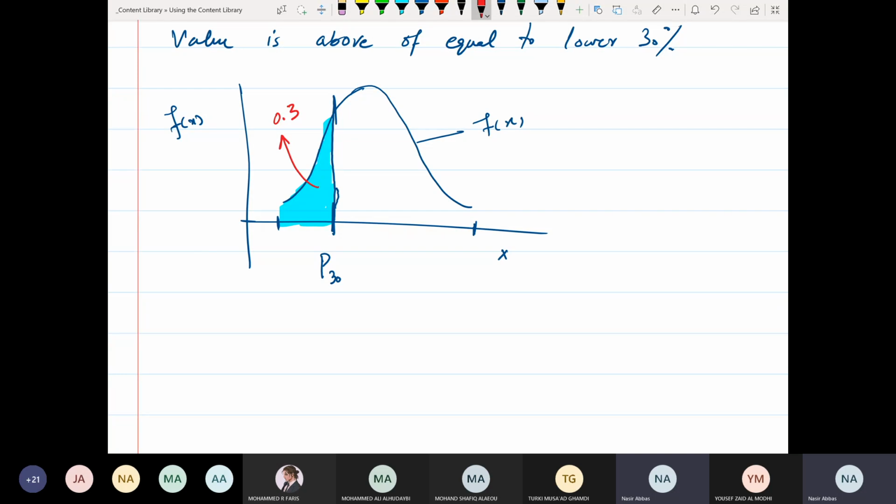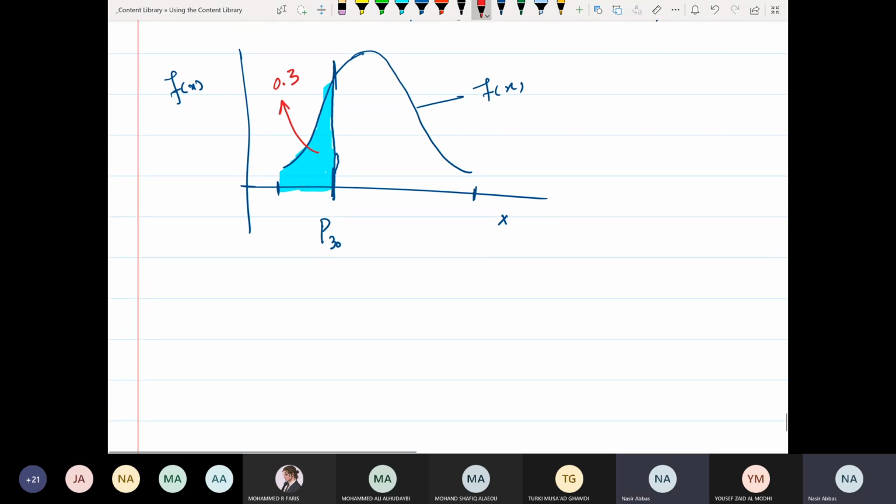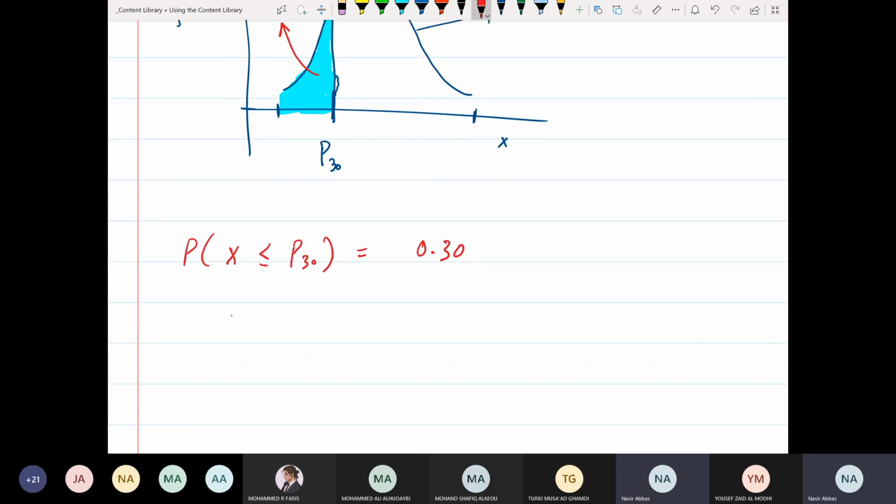Someone said it, I think Faris said it. P30 is the 30th percentile. It's a value of x such that probability of x less than or equal to P30 is 30%. P30 is a value such that the distribution function at P30 is 0.3.